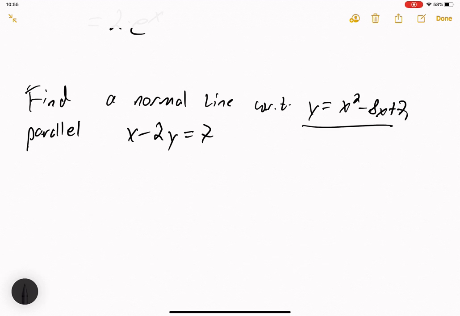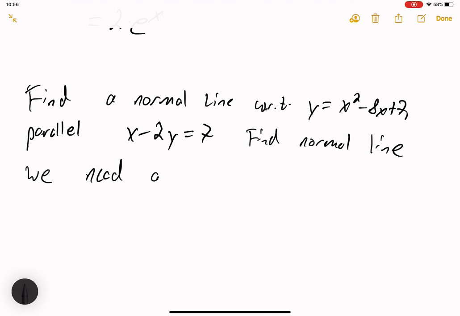So again, what we want is a normal line, and remember, a normal line is something that's perpendicular to the tangent. To find a normal line, we need a slope and a point.